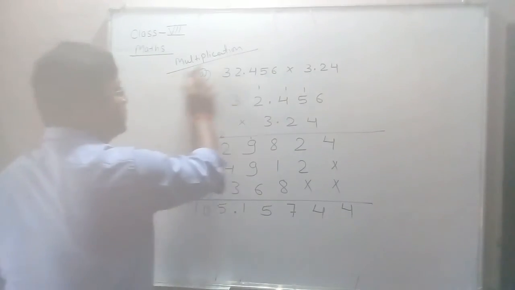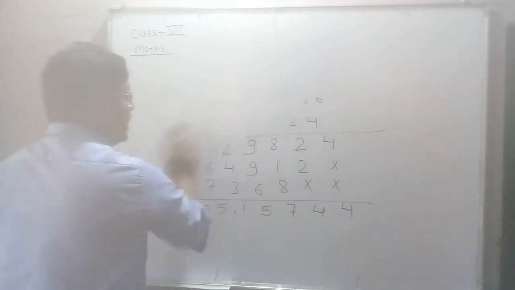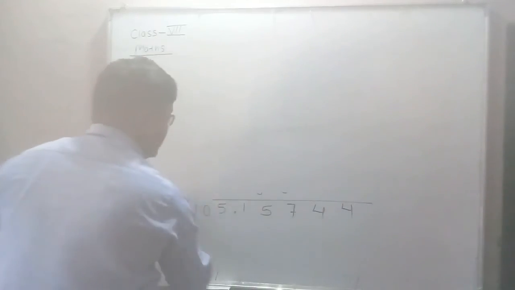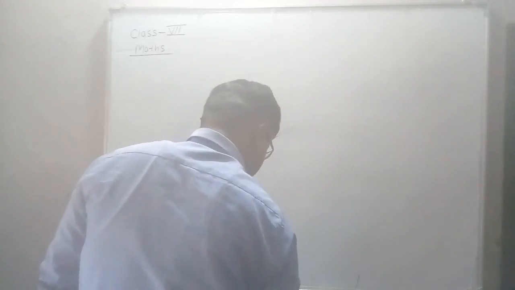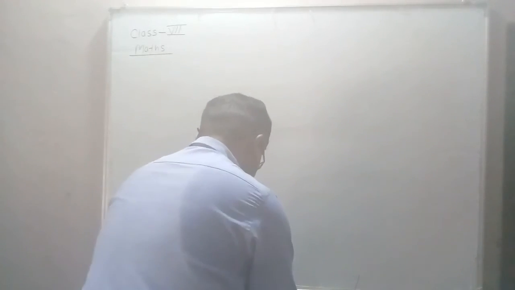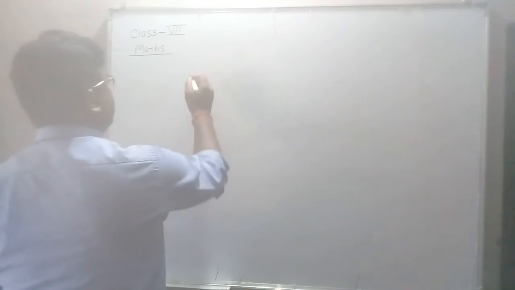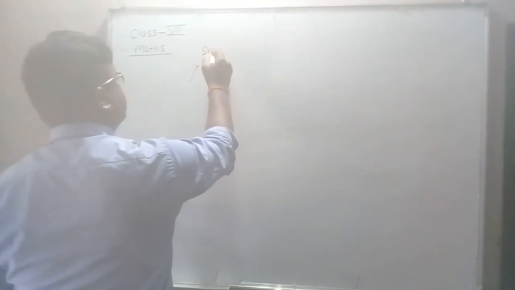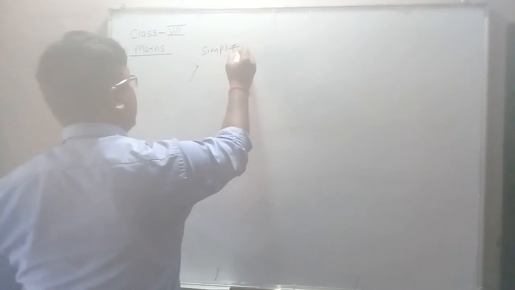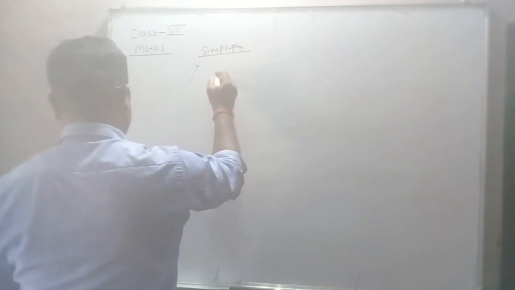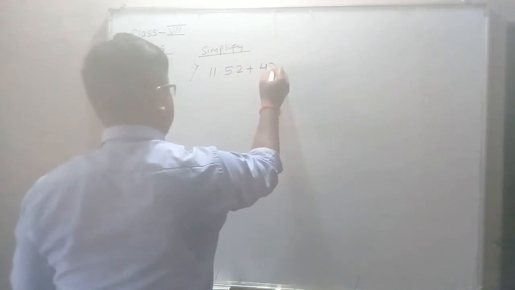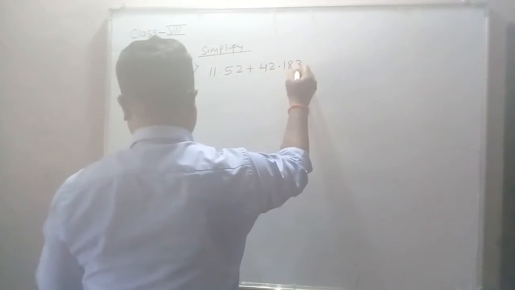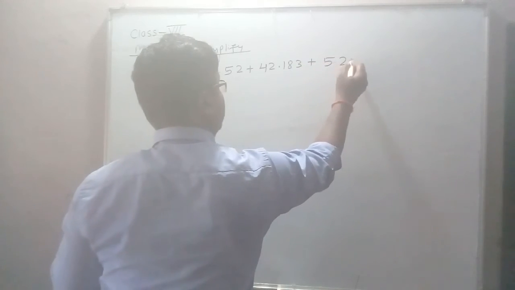So I am giving you some questions. Okay, please you all practice, so that you can easily do. Okay, from your exercise I am giving the questions. Please you all try. So your question number 1 is simplification. Okay, simplify 11.52 plus 42.183 plus 5.25.